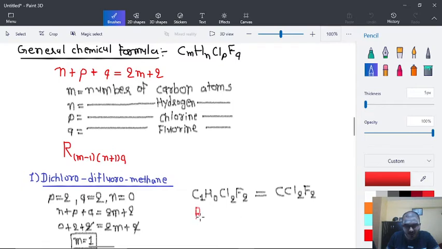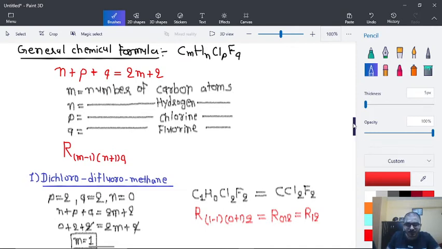R, M minus 1, that is 1 minus 1, then we can write down N is 0, so 0 plus 1, and Q is here in this case 2, so we can write down this as R 0 1 2, and in a better way we can write down R12.